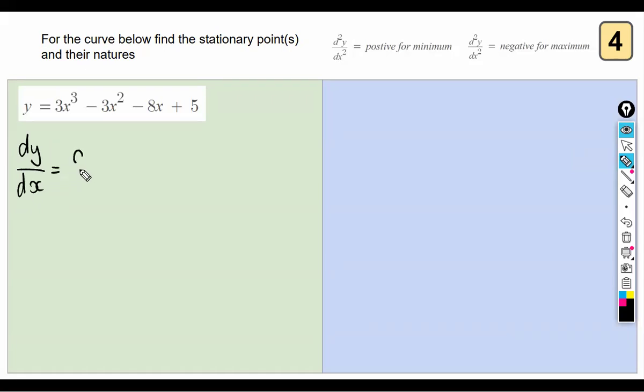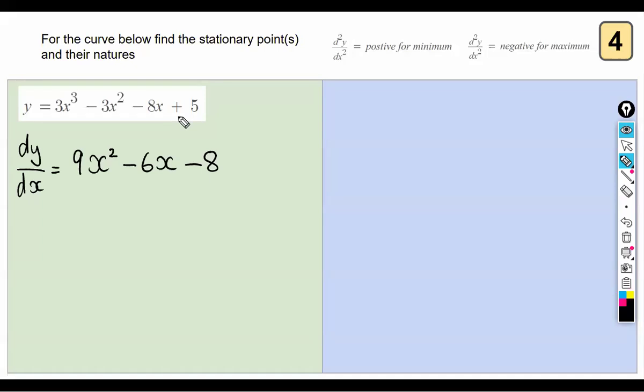Anybody got 9x squared minus 6x minus 8? In other words, when you differentiate it, we got a quadratic. Obviously, 5 doesn't have an x, so you're going to get what? Nothing. Great.